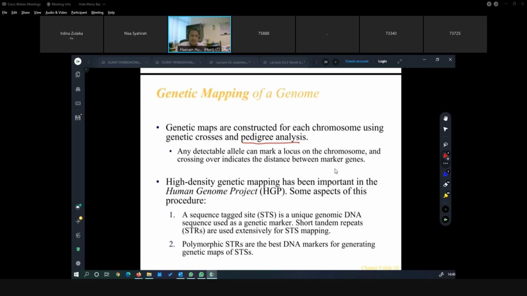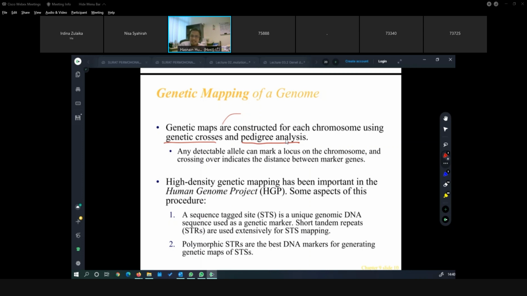Okay, and so you can do pedigree analysis in human, or sometimes in yeast, or in bacteria, or in dogs or cats. You can do experimental crosses, and based on that, you will be able to determine a general idea where the marker is located.